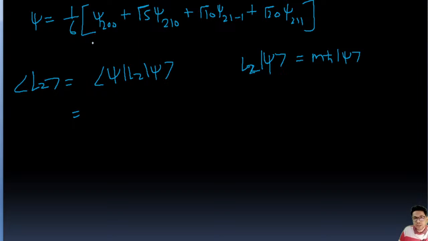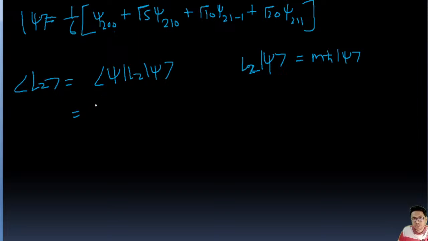So we'll put this value because ket psi is this. Bra psi is going to be the same because there is no iota term. So m h cut, and from here m is 0.